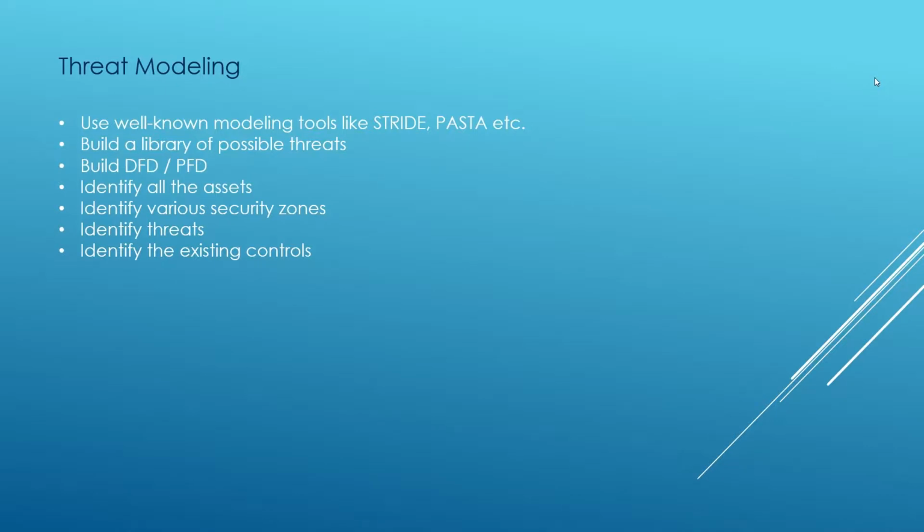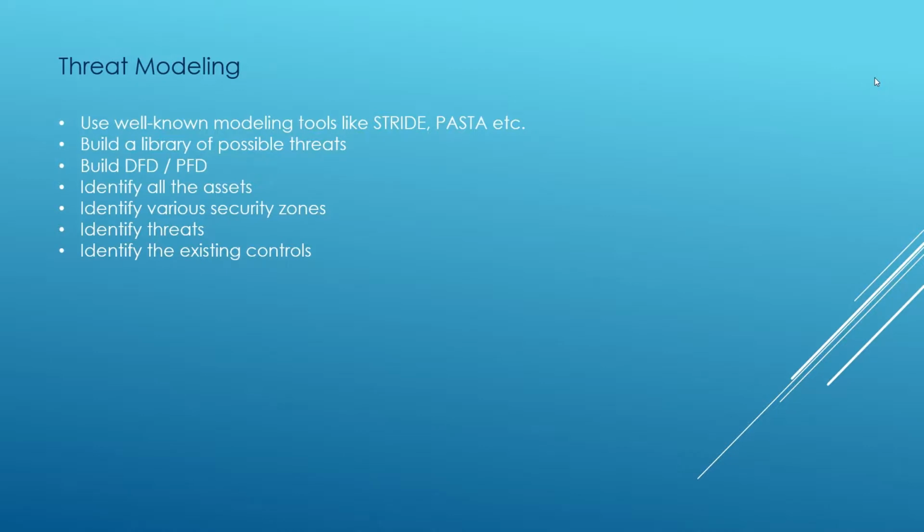Once you have all those diagrams, you identify what are all the assets you need to protect and what are all the threats the assets are possibly going to face. Also identify various security zones. If the data is sitting inside the organization, there could be potential insider threats.